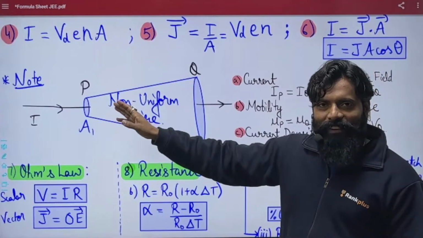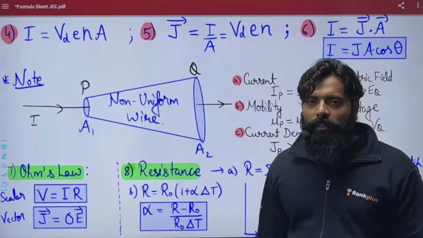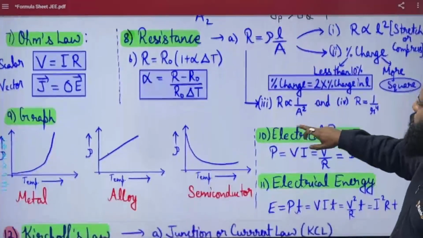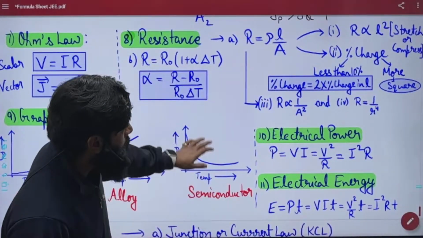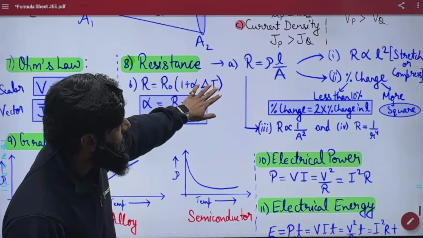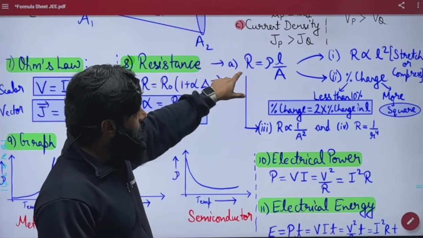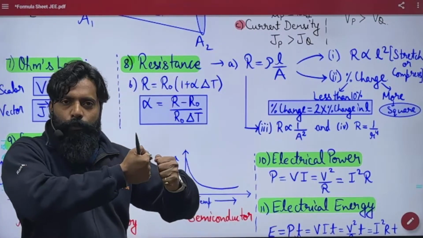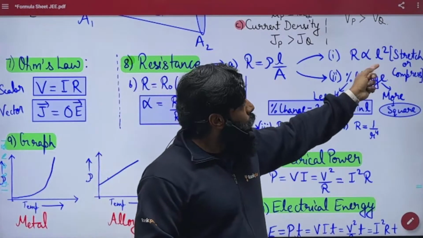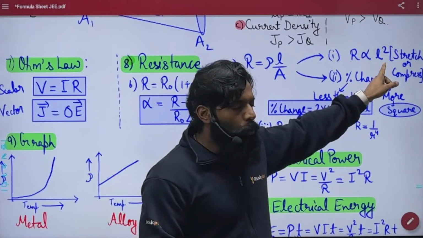This is very, very important. You will see that this type of question was there in your JEE Main as well. Similarly, this shortcut trick is very, very important for any exam in which you have resistance in the syllabus. We know that resistance is equal to rho L by A. If we are stretching it, the new resistance will be proportional to L square.